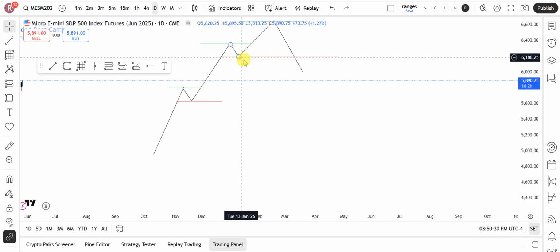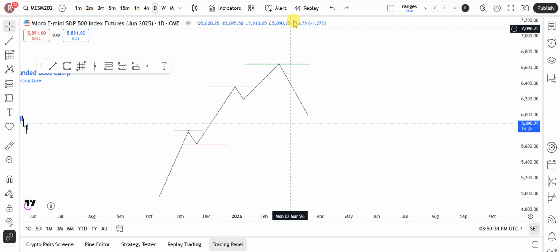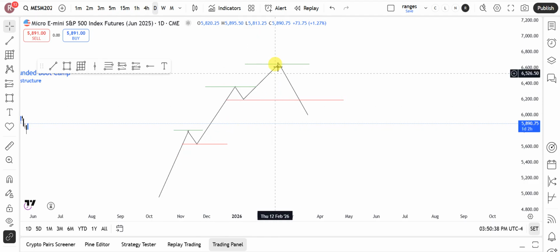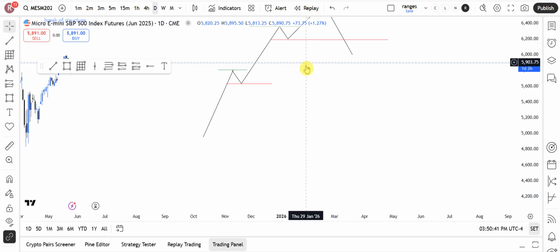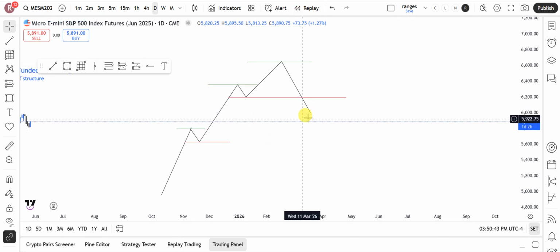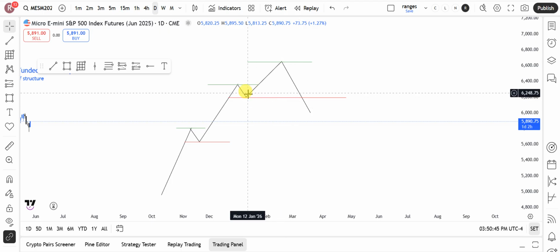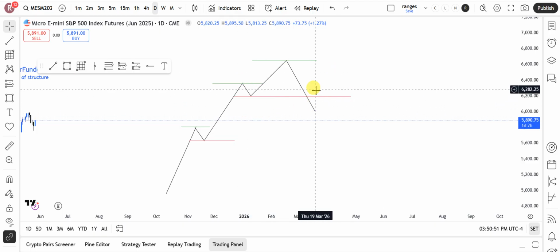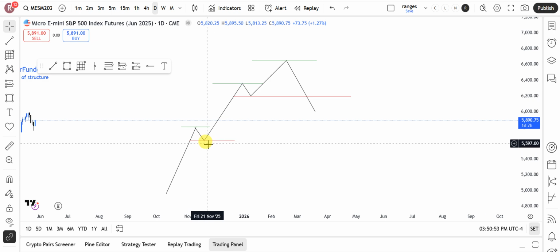When we understand that break of structure is when swing lows and swing highs are violated after they have been created throughout a current market trend, we can clearly see that if this swing low was broken, the next obvious place price is going to want to seek in this market environment is this one down here.